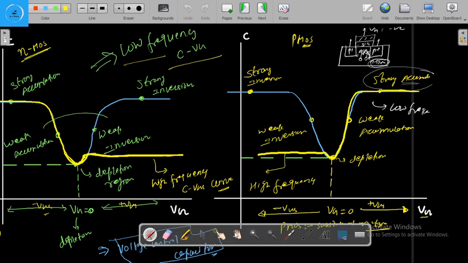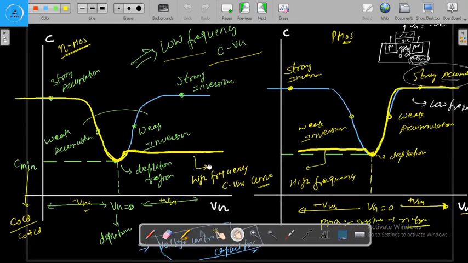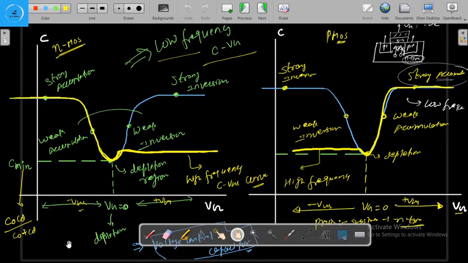The C minimum will be equal to CO into CD divided by CO plus CD. We can also write this as C minimum equal to COX into C dep divided by COX plus C dep, okay.